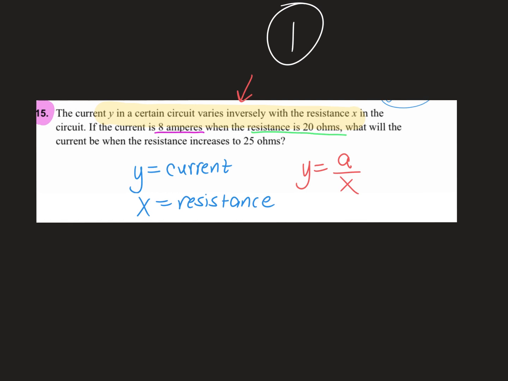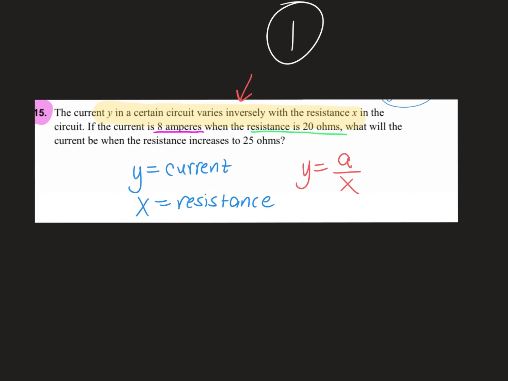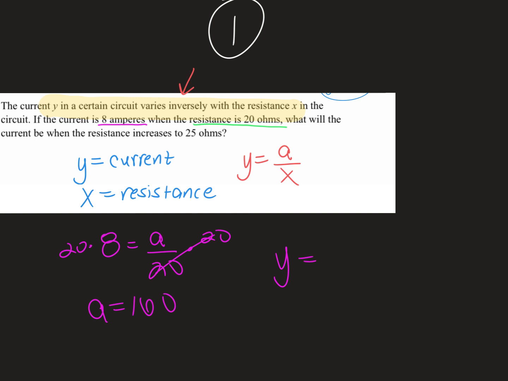So we're going to solve for A first. Remember, current is your Y. So I'm going to plug in 8 for Y equals A over, my resistance is 20, that's my X value. And then we're going to solve. So I'm going to multiply both sides by 20. So A equals 160. So you have the equation Y equals 160 over X.